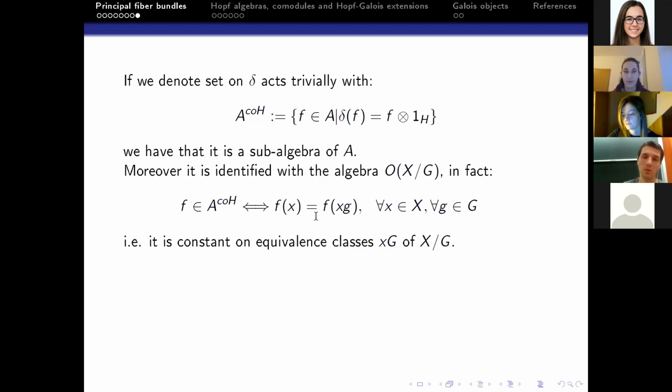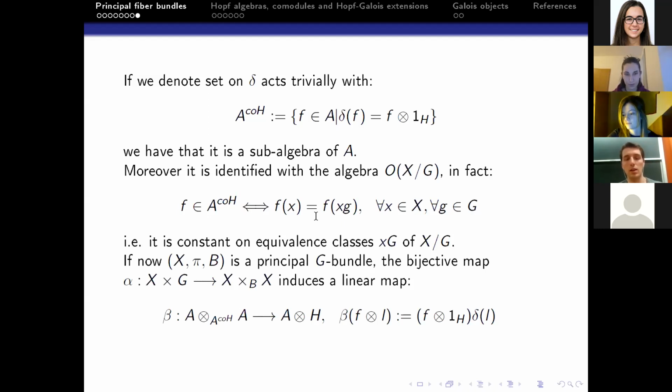And so finally, if we consider a principal G bundle, so X is a G space with a free action, the projection pi, and the space of orbits B, the canonical map alpha, the bijection we wrote before, induces a linear isomorphism from the tensor product, this time not over the ground field C but over the algebra of coinvariants, this algebra here, into the tensor product A tensor H. And the map is given by this combination here.